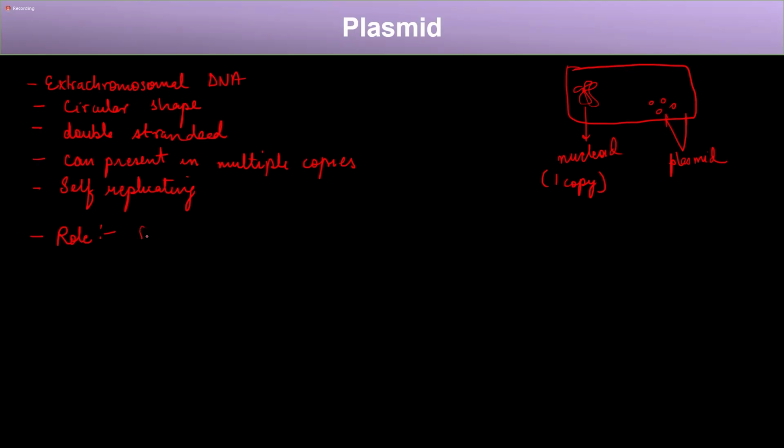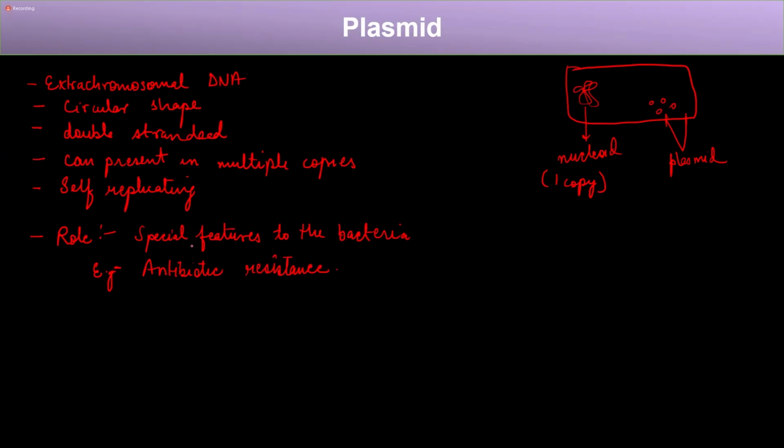Because it provides special features to the bacteria, such as antibiotic resistance. The plasmid is responsible for the antibiotic resistance present in the bacteria.